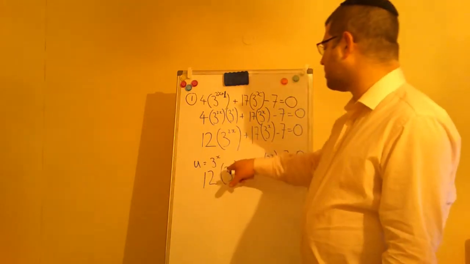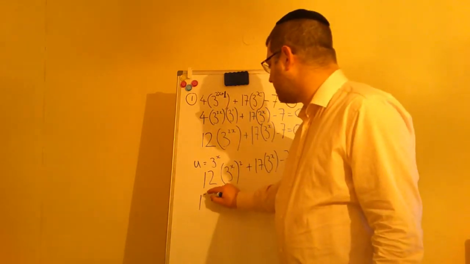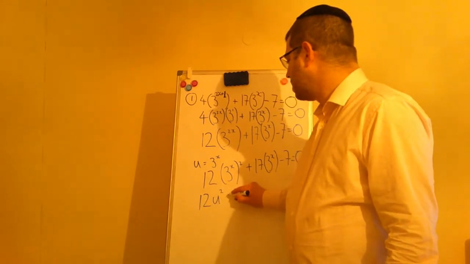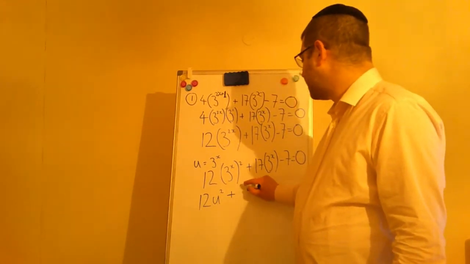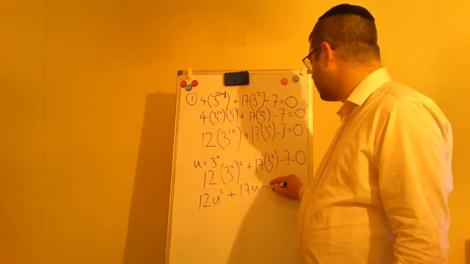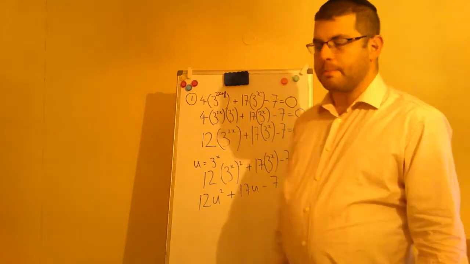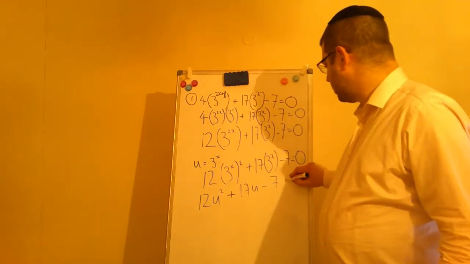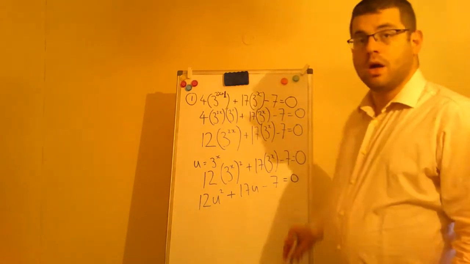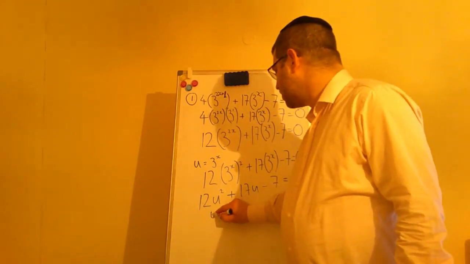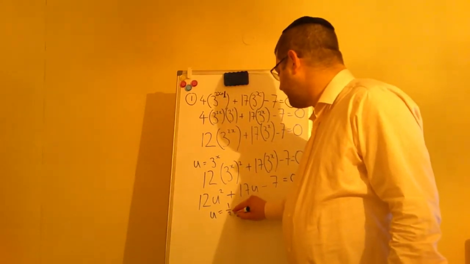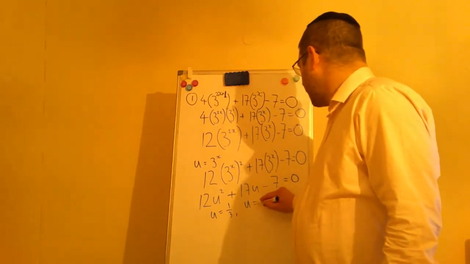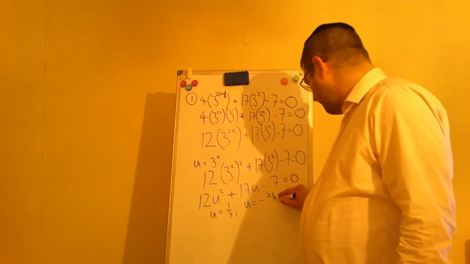Because once u becomes 3 to the x, this just becomes a regular quadratic, 12u squared plus 17u minus 7, which solves to u is a third and u is minus 7 over 4.